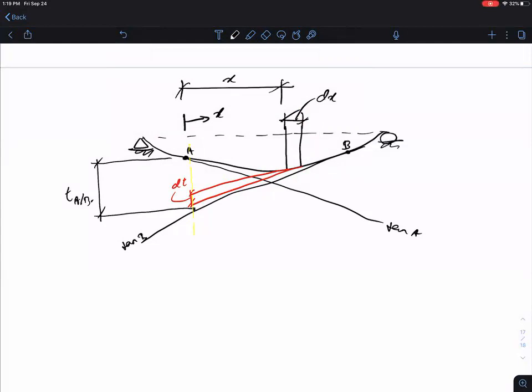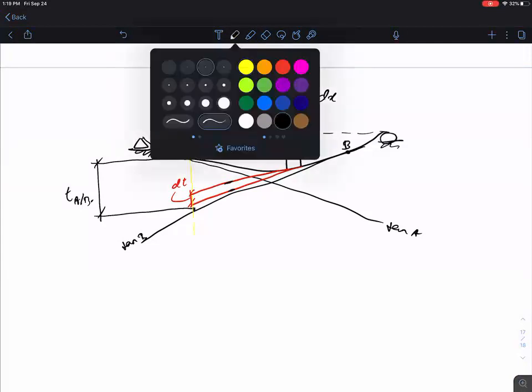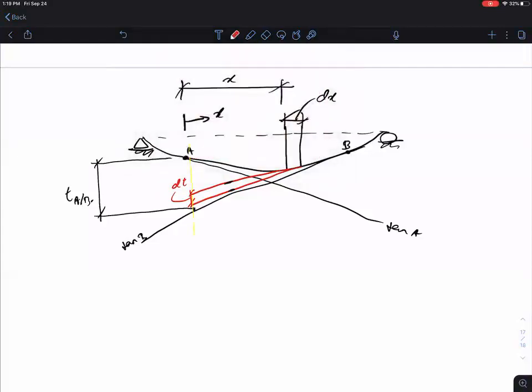So we're going to approximate the length of these two tangents by the dimension x, and then the arc that we'll call ds prime will approximate that by dt.